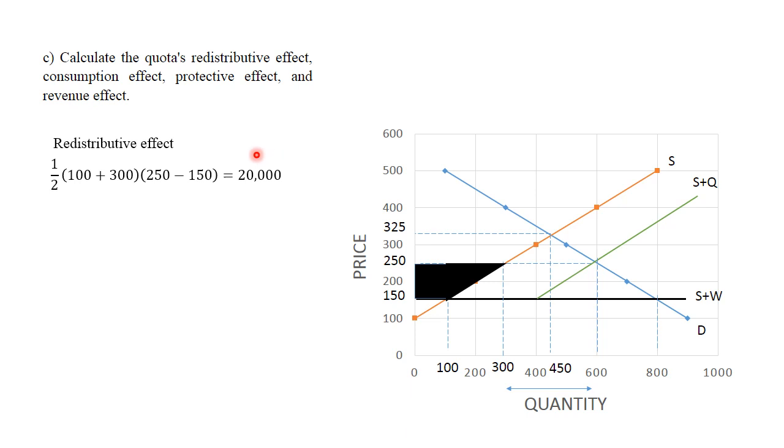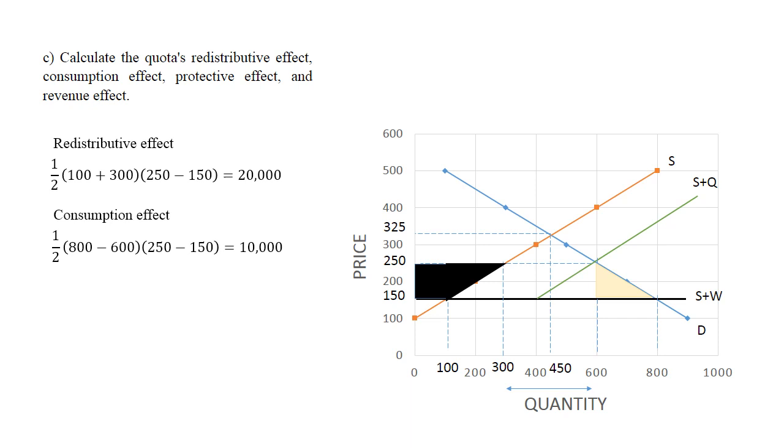So it is equal to 20,000. And then you have to find the consumption effect. Where is the area of the consumption effect? This is the area of our consumption effect. To calculate it, 1 over 2 times 800 minus 600 times 250 minus 150. So the answer is 10,000.